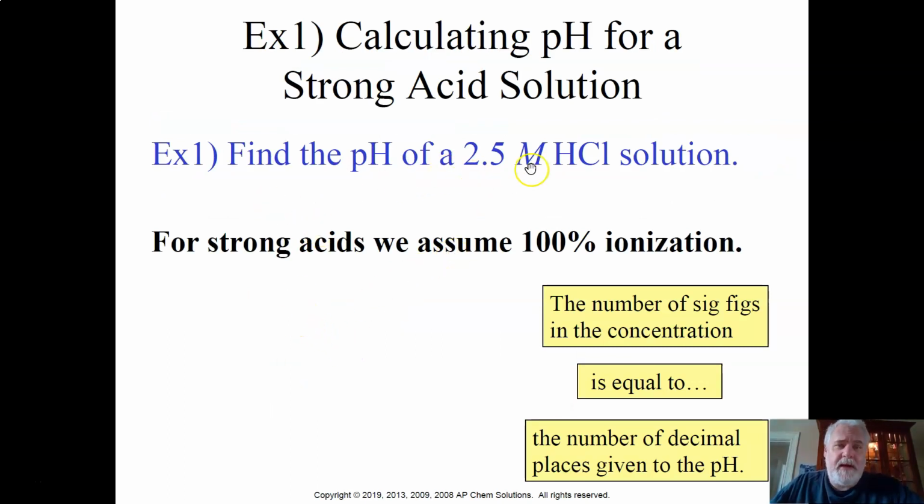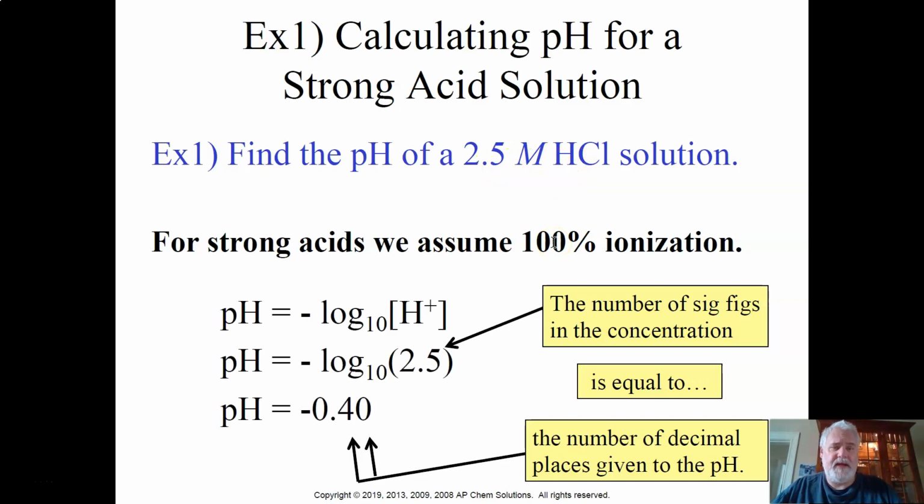What we're going to do right now is find the pH of a 2.5 molar hydrochloric acid solution. Since it's a strong acid, we're going to assume 100% ionization. In other words, of this 2.5 molar, all of them will turn into H plus ions.